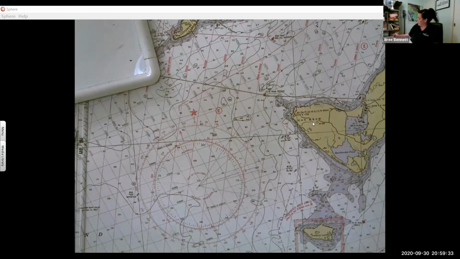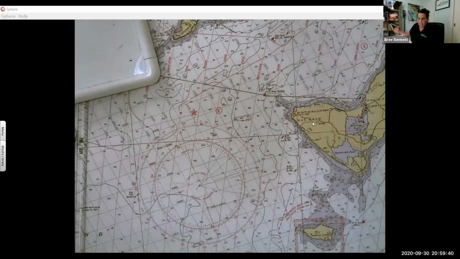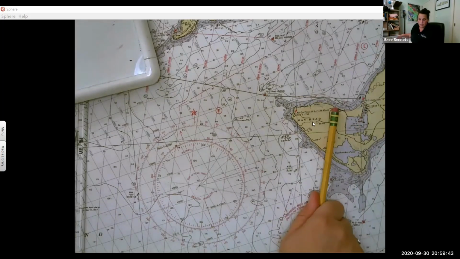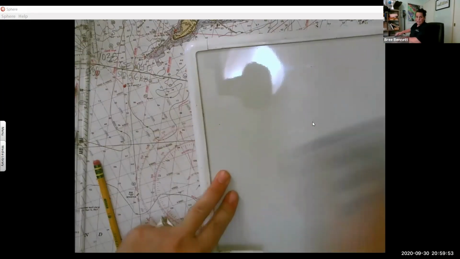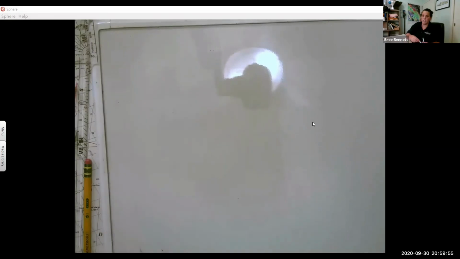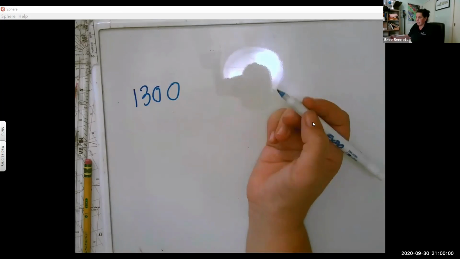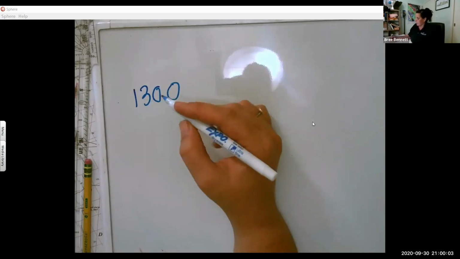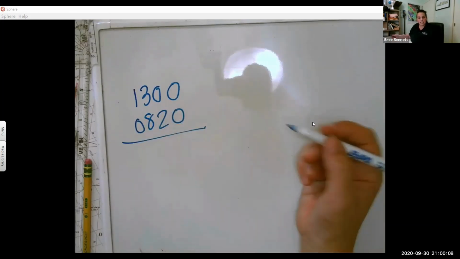Okay, now if we got there at 1300, what is the total elapsed time between Brenton Reef and Minisha Pond? I don't know how to say that. So we're practicing our time calculations. So we had 1300 was when we arrived, and we originally departed at 8:20. So how long has this transit been?